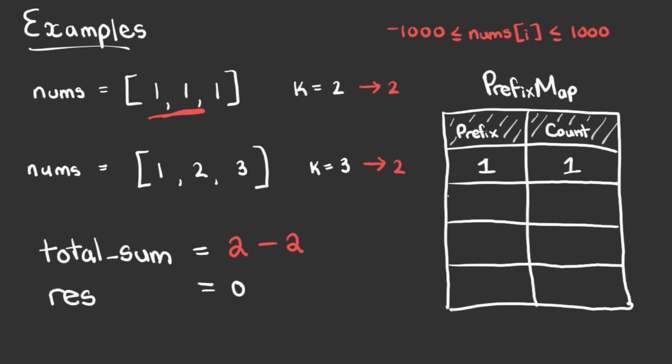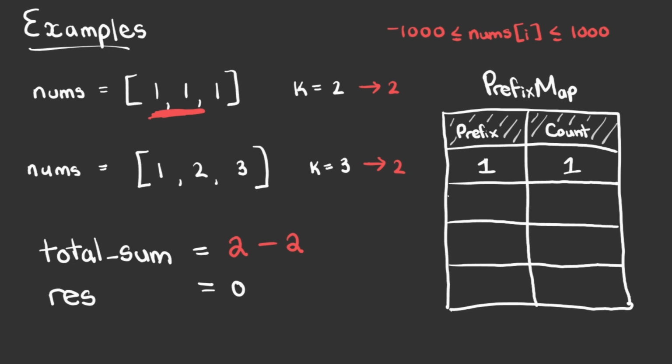If k is equal to 0, we can think of it as the empty subarray. And we can already see from the subarray that 1 plus 1 is already equal to 2, which is the k value. So we don't actually need to remove any of the prefixes.